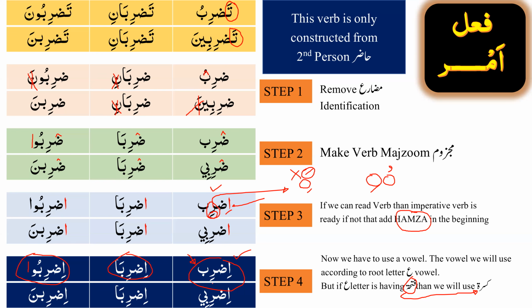What does it mean? For feminine, same, sir: beat. In English, same. But in Arabic, it means you know to whom you are talking. If you are talking with a feminine, you will not tell her idrib, you will say idribi.